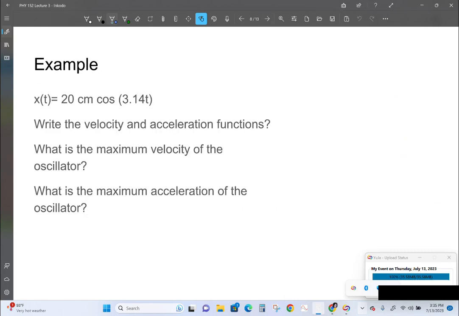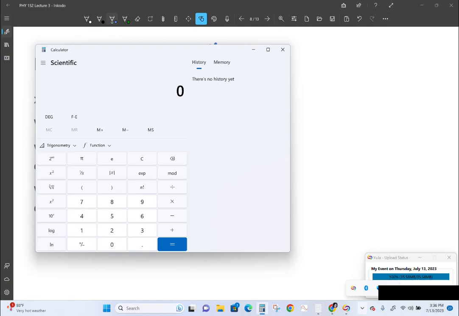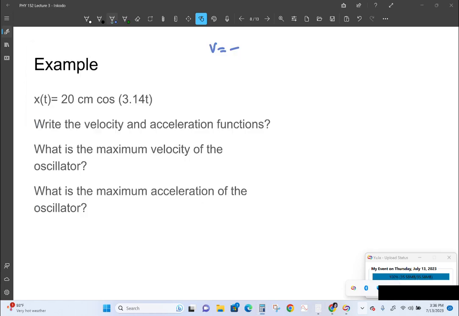So if I wanted to write the velocity function for this one, the velocity function would be negative AW, so 20 times 3.14, negative 62.8 centimeters per second times cosine of 3.14 t.